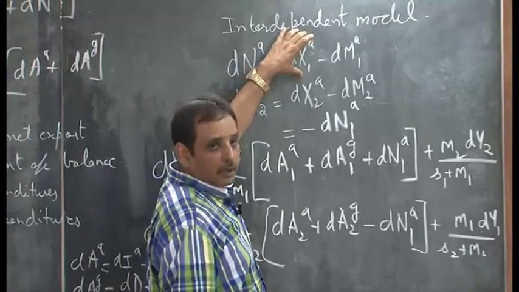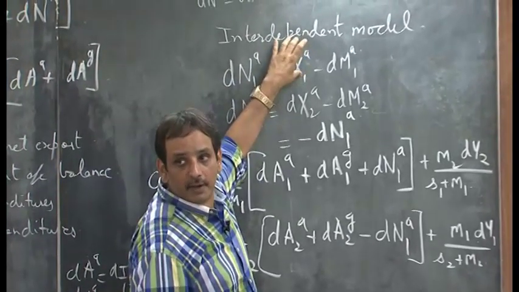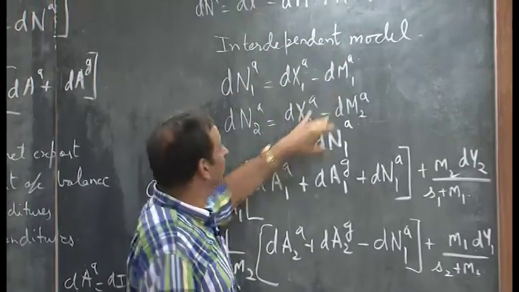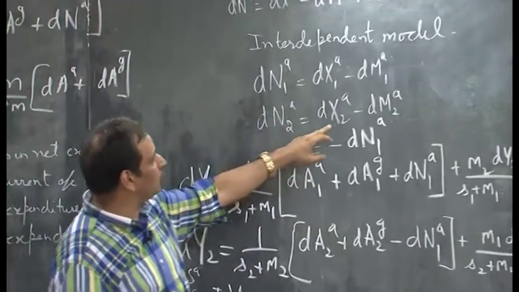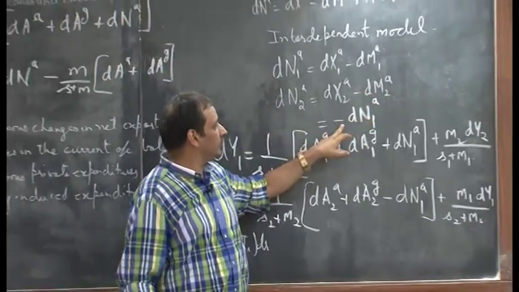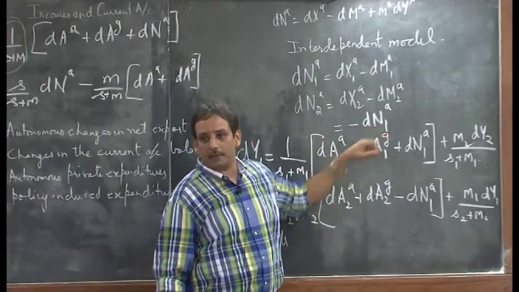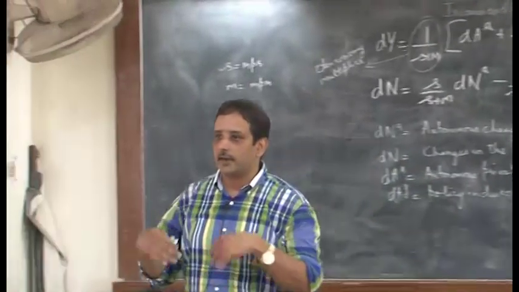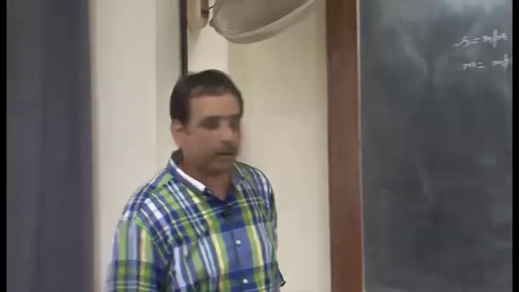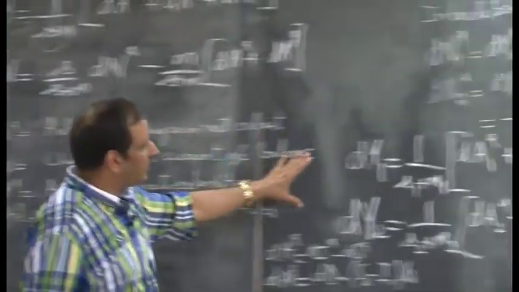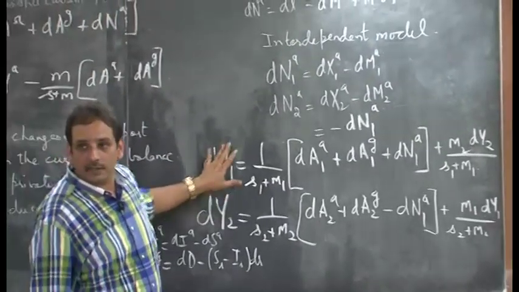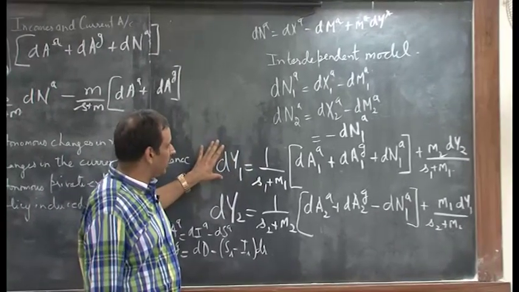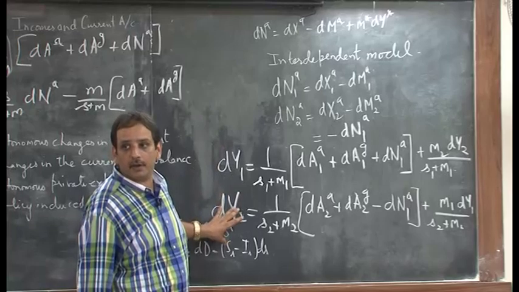Now it's a little curtailed one, it's dx1a minus dm1a, and dn2a is dx2a minus dm2a, which is minus dn1a. So now you have these two countries, we are studying the interdependence model, you have two equations in two unknowns. These have to be solved to get the values of dy1 and dy2.